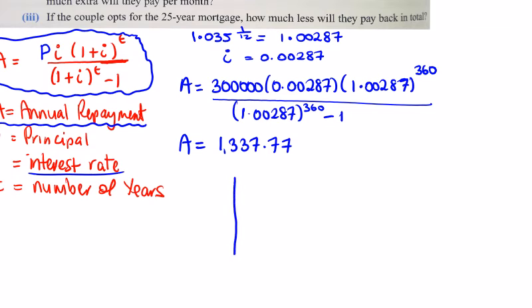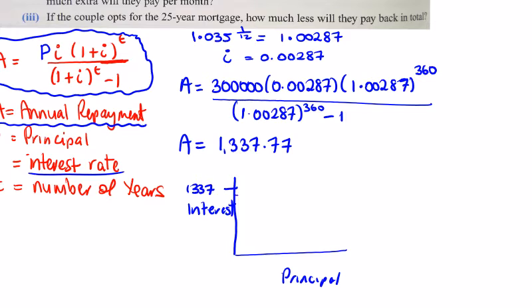Let's just have a little sketch here. If my mortgage is 1337, I'll round it off, and we take this side to be the interest portion of the loan, and this side to be what we pay back in our principal.